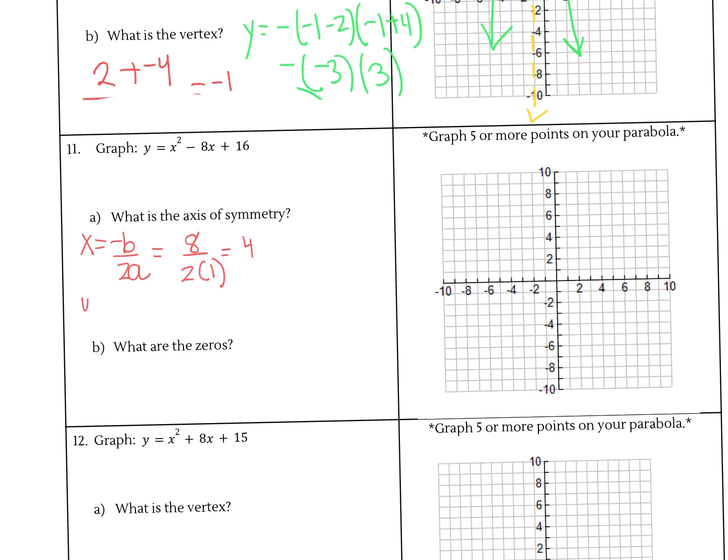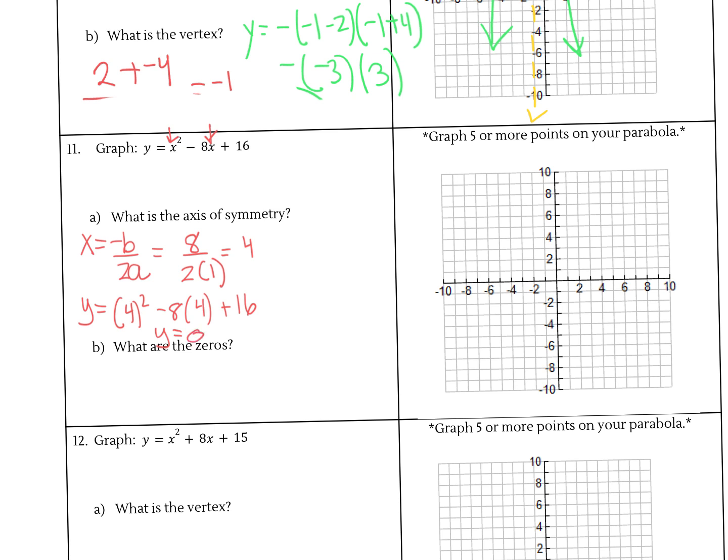And when we go back into the original equation, and if we substitute 4 in here and here, we're going to have 4 squared minus 8 times 4 plus 16. And when we do that, the y-coordinate then is going to end up equaling 0.